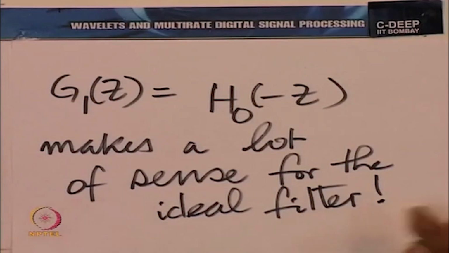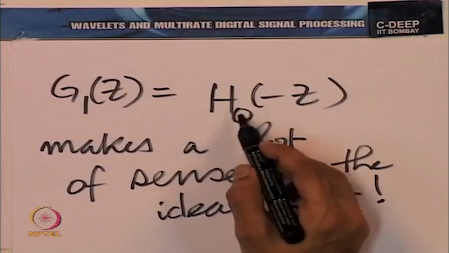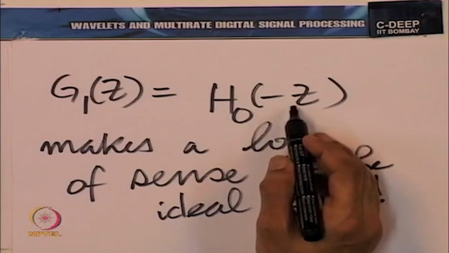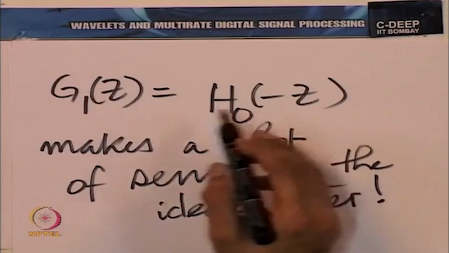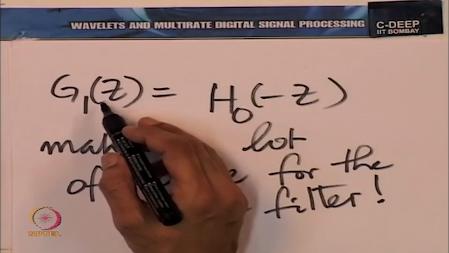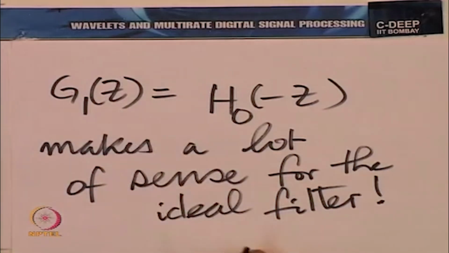All that we are saying is that on the synthesis side, if you had an ideal low pass filter with a cutoff of pi by 2 at H 0, you should put an ideal high pass filter with cutoff pi by 2 at the point G 1.